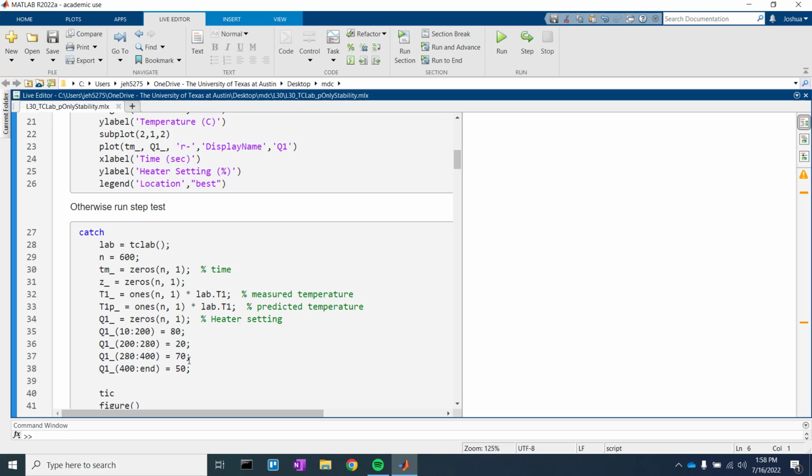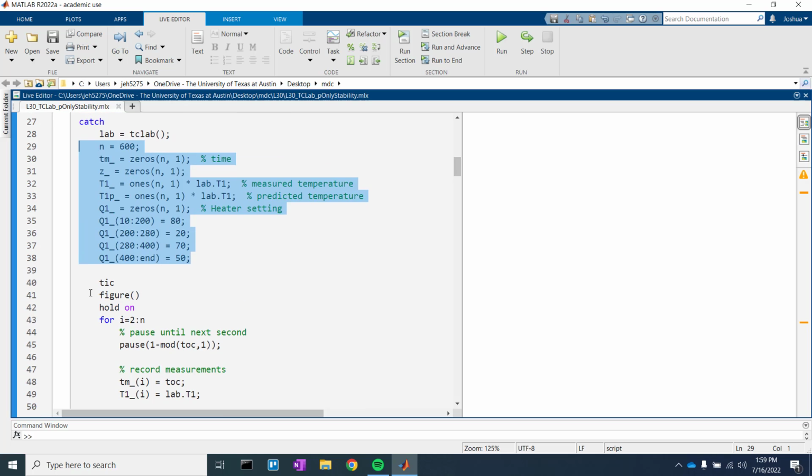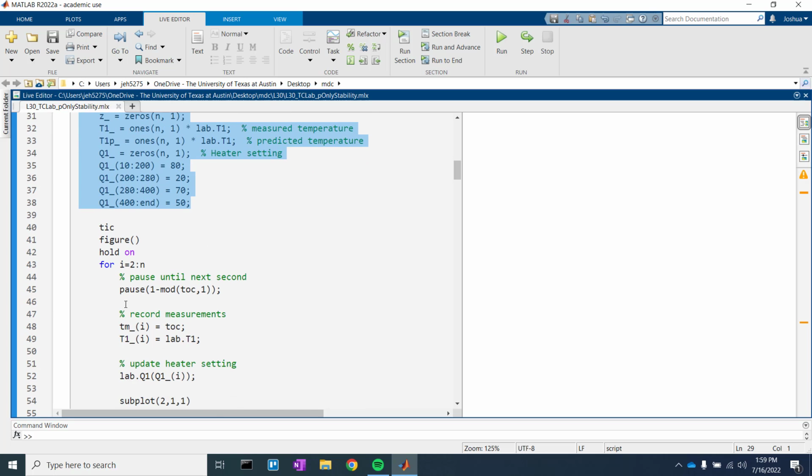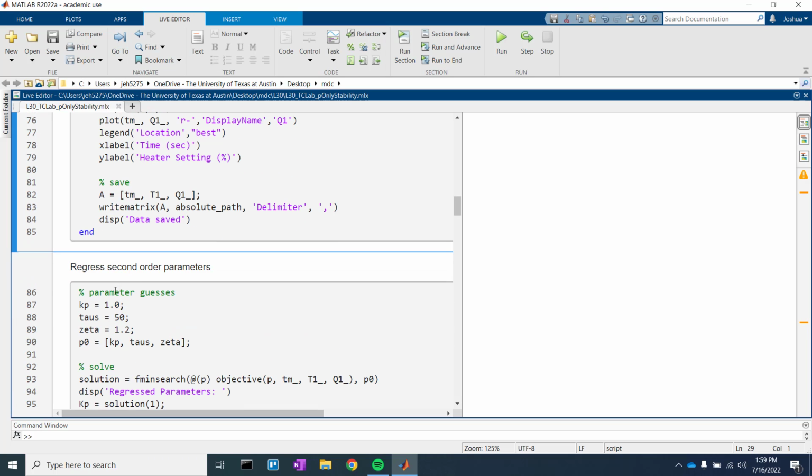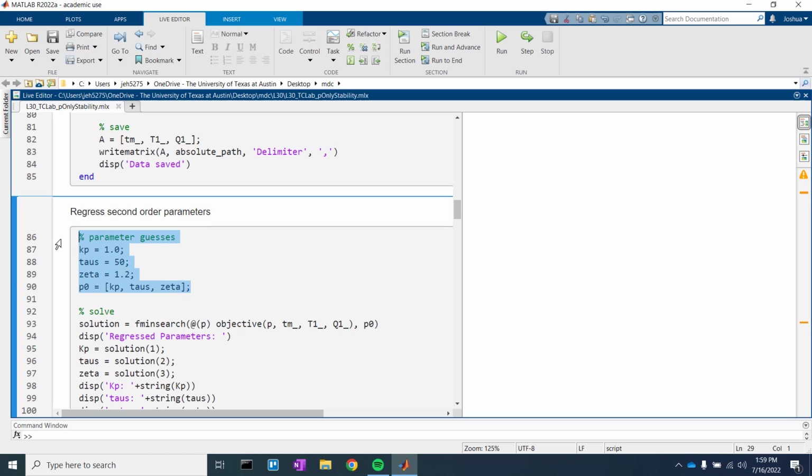Otherwise, we're going to do some step tests, and we're going to regress our parameters. That's our first step for this exercise. Once we have our parameters, we're going to turn our lab off, and then save our CSV and plot as well.